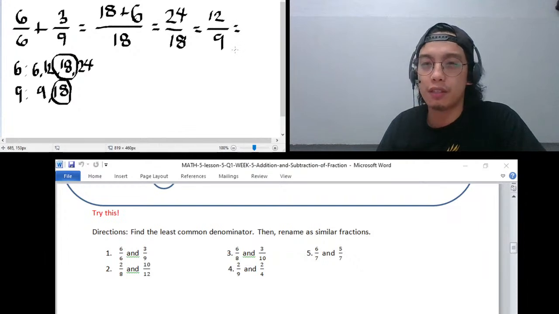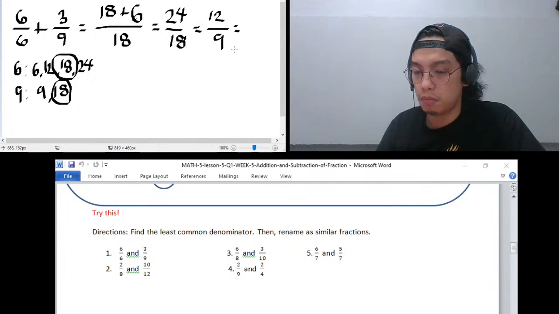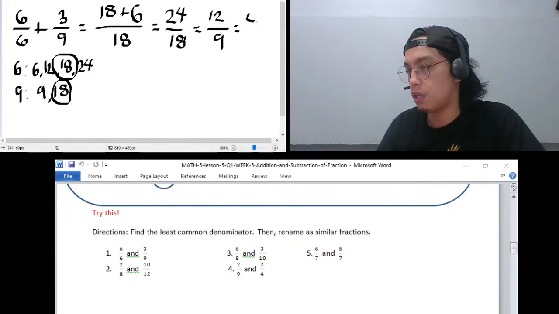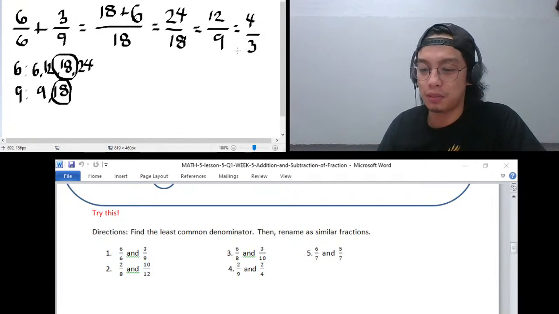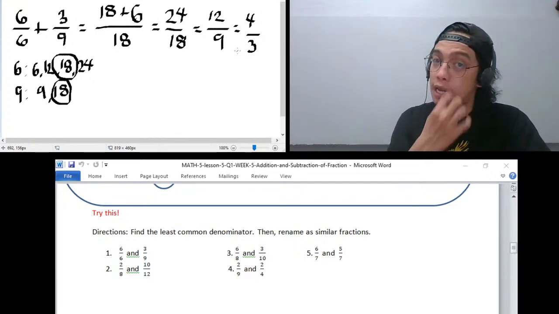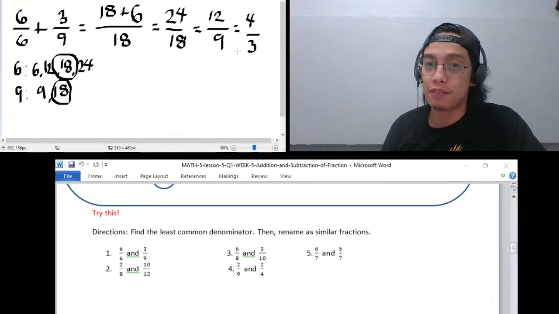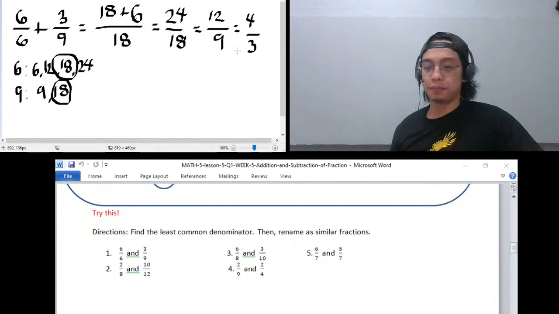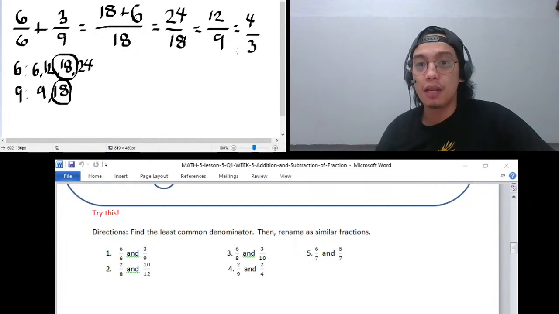It can still be divided by 3. 12 divided by 3 is 4. 9 divided by 3 is 3. I know it's a simple number, I just want to use the calculator to be sure. So that's the answer, 4 over 3. However, it's still not the simplest form. I mean, it's the simplest form.